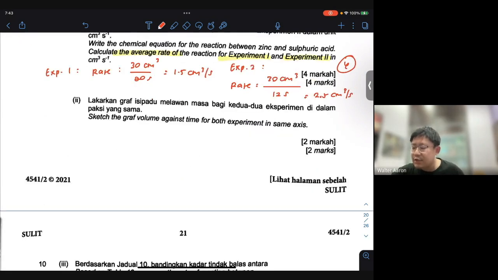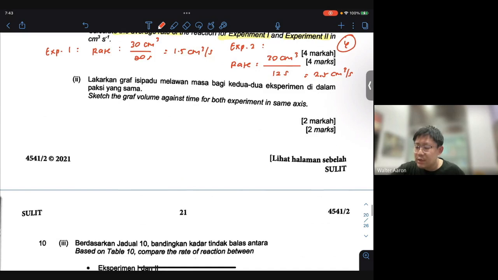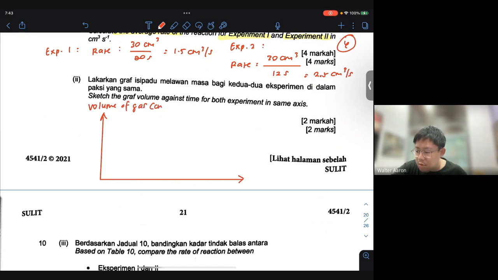All right, now I ask you to sketch a graph of volume against time for both experiments on the same axis. It's very simple. The sketching part needs no plotting. You just draw the y and x axis. The top one will be volume of gas in cm3, and this will be time in seconds.